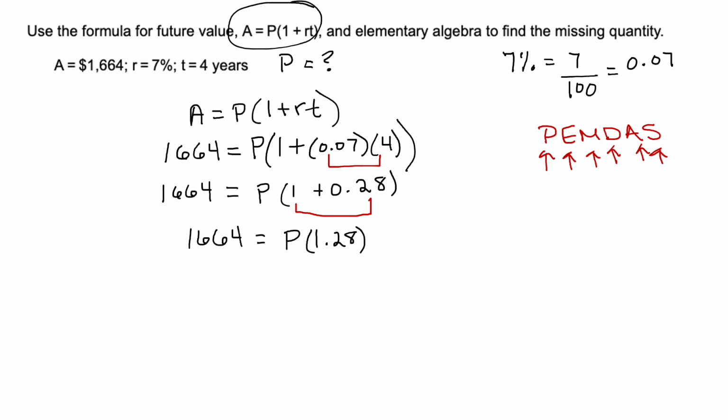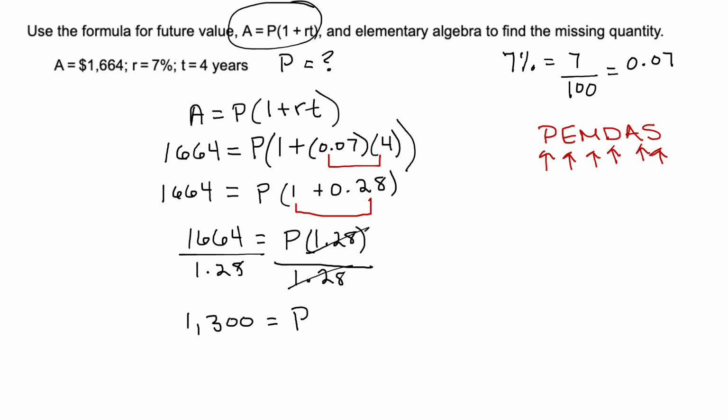I want to get the P by itself. So I'm going to do the opposite operation, which is division. So I'll divide both sides by 1.28. These cancel on the top and bottom, and I'm left with a single P. And then 1,664 divided by 1.28 gives us a value of 1,300.